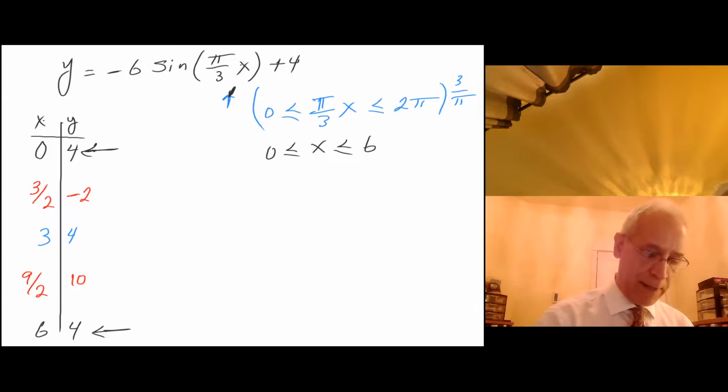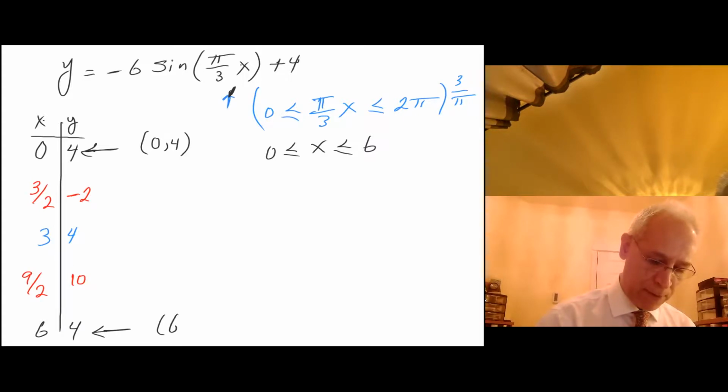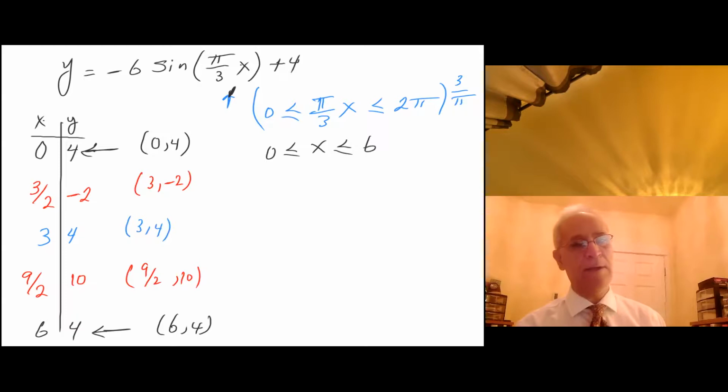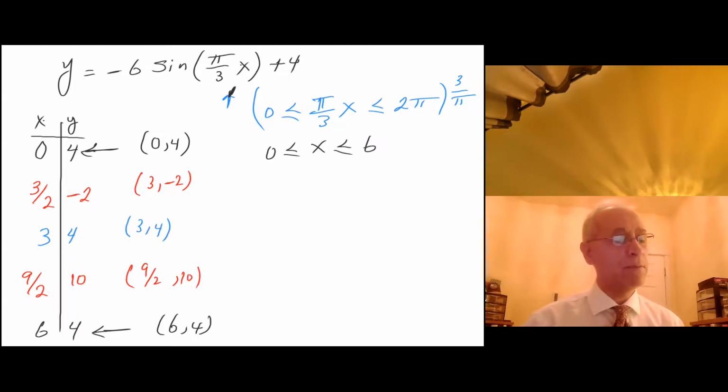So if I take these coordinate points: 0, 4; 3/2, -2; 3, 4; 9/2, 10; and 6, 4, and I graph that, then I have one complete period.